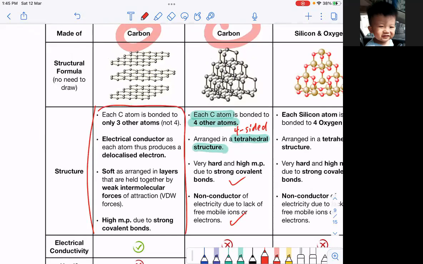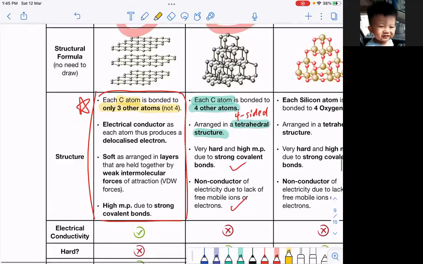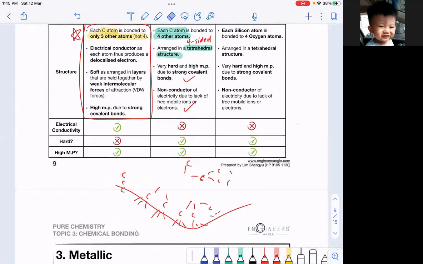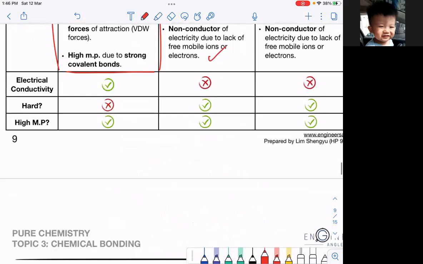Now, what's difficult is this one. Very challenging to memorize. For graphite, carbon is supposed to have 4 friends, right? But you only bond with 3. Okay, so how does it look? The first thing is already a bit weird. Graphite is full of exceptions because a carbon is supposed to have 4 sticks, but this one only got 3 sticks, which means you got 1 electron there waiting, right?